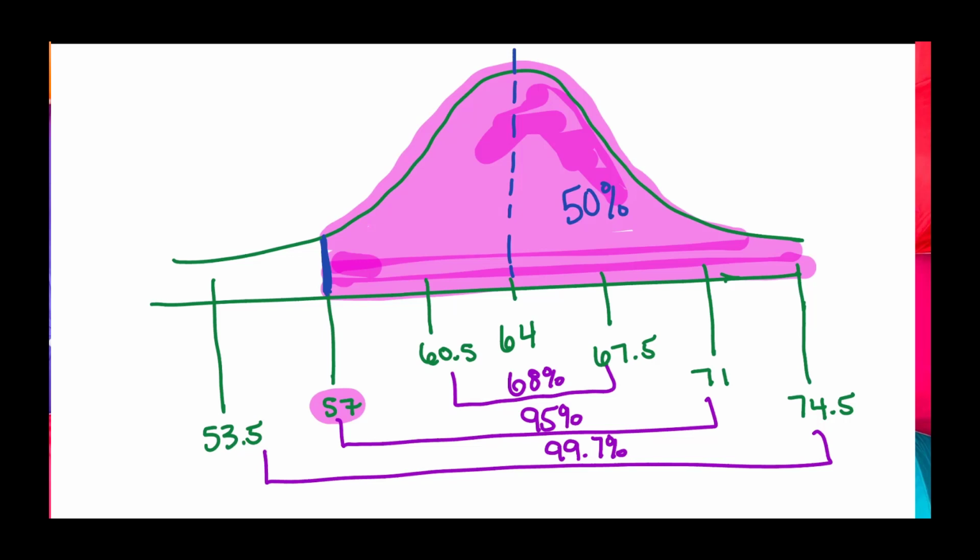Now, I can quickly figure out what is between here and here because it's attached to this 57 and this 95%.